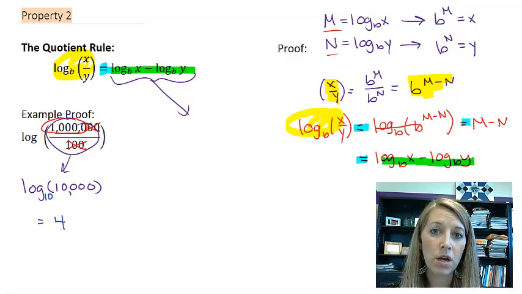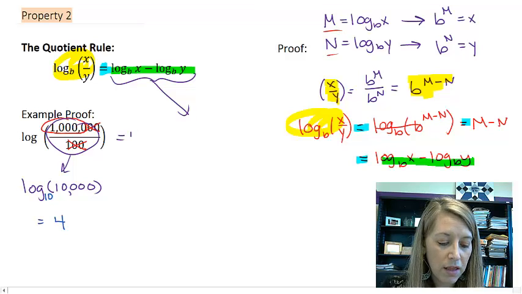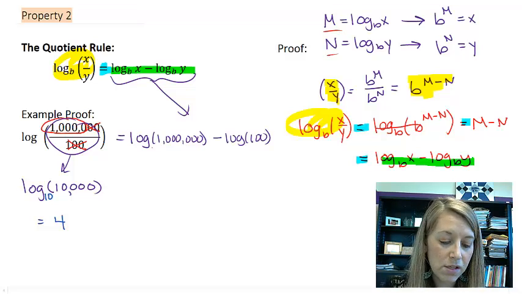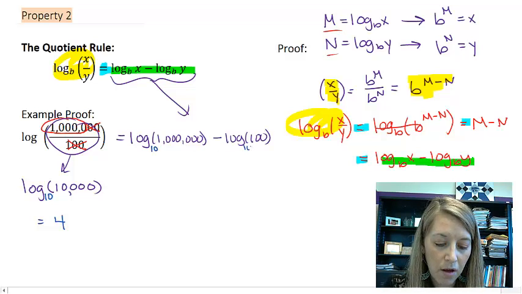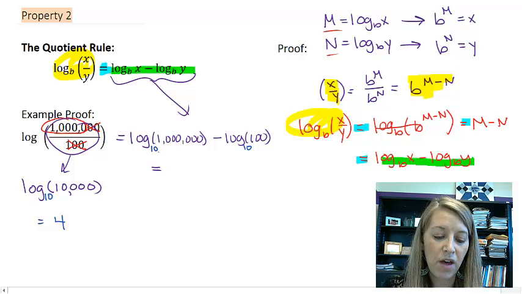Let's see what I get when I work at the right-hand side. Okay, well, if I rewrite this, this gives me log of 1 million minus log of 100. Again, both of these are base 10. They're the common log. And so if I were to write them into its simplified format, 10 to what power gives me a million?